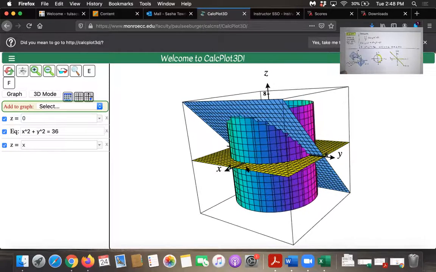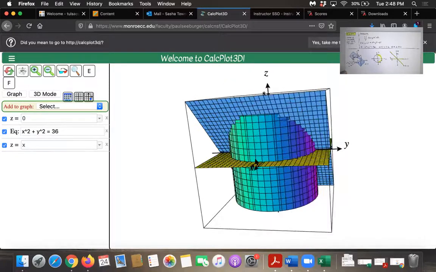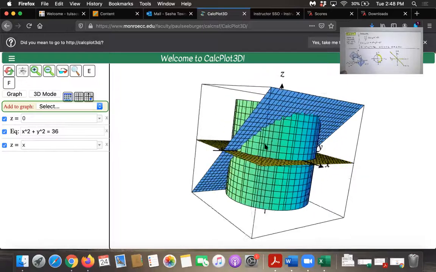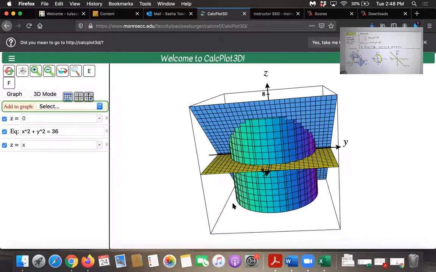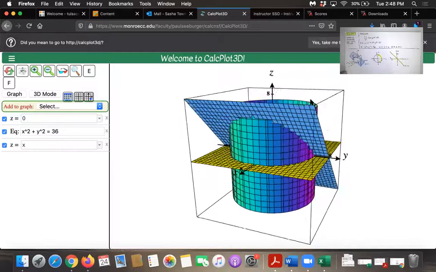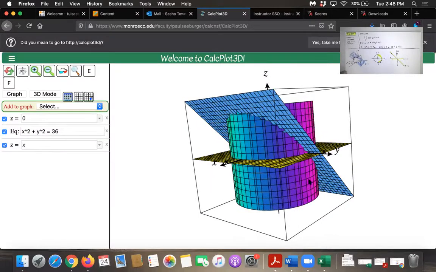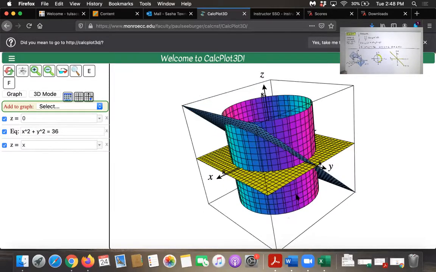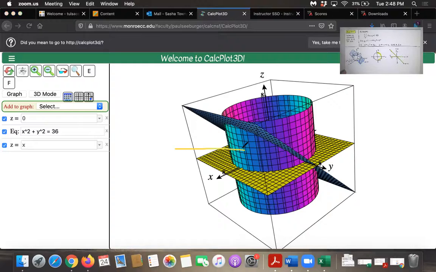Okay, I'm still having trouble with my mouse here, but I hope you can better understand what this thing looks like now. I want to get it back to that same angle, but it's really hard to get it to the angle that I want. Okay, so our surface is actually this surface right here.